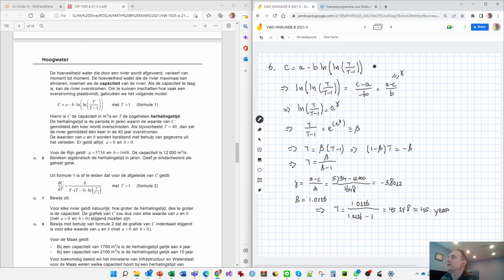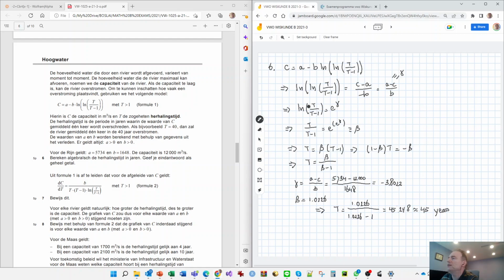But, well, first you can rewrite this a little bit. Bring A to the left, divide by minus B. So then you get the log of this log is equal to C minus A divided by minus B. And let's just temporarily call that gamma.